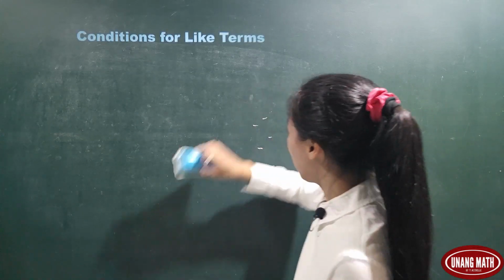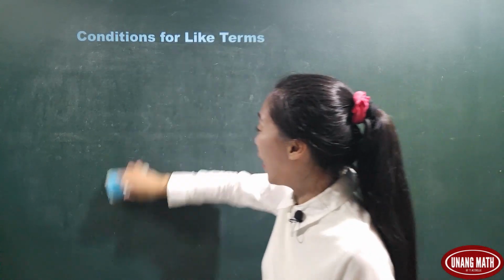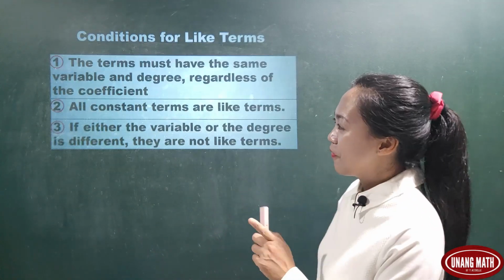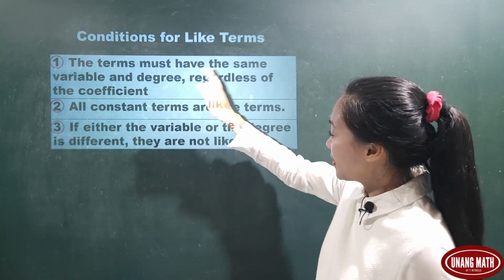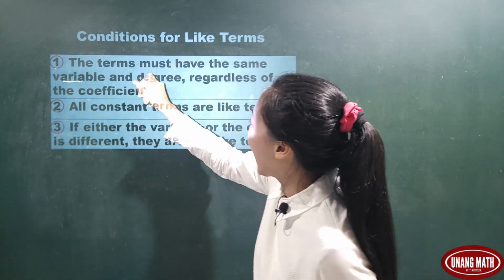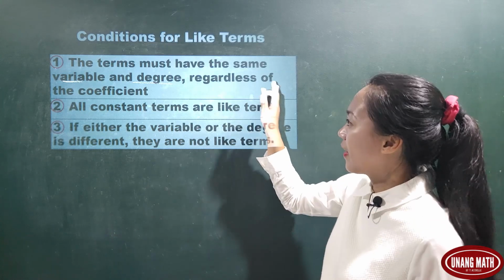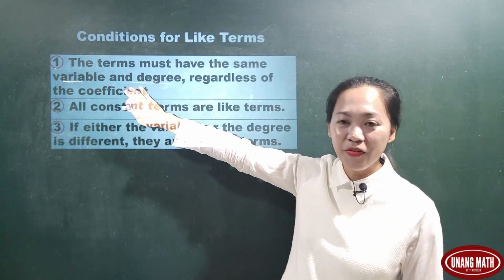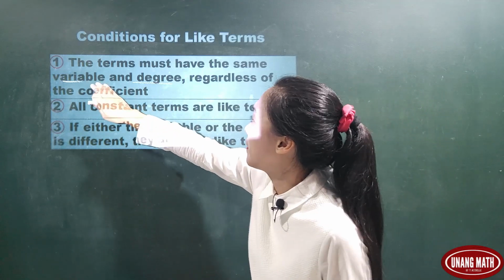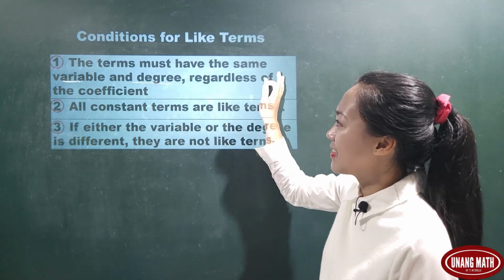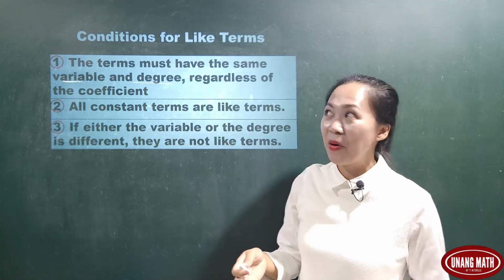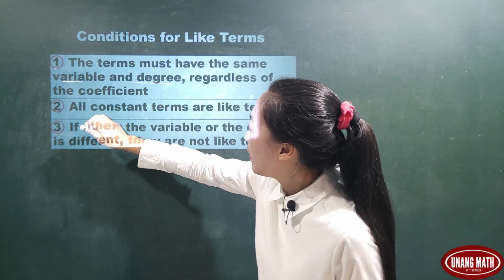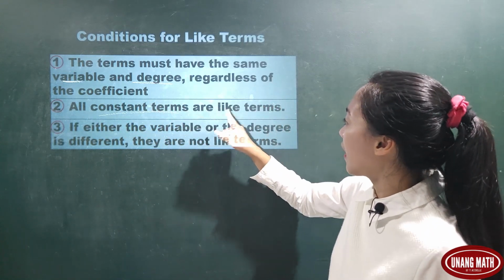So what are the conditions for like terms? Or when do we say that those terms are like terms? First, the terms must have the same variable and degree, regardless of the coefficient. So we will not care about the coefficient, but we will check the variable and degree. They must have the same variable and degree to be called like terms. Second, all constant terms are like terms.